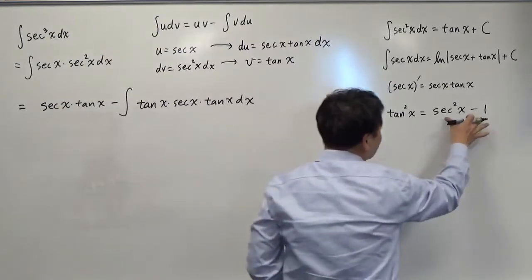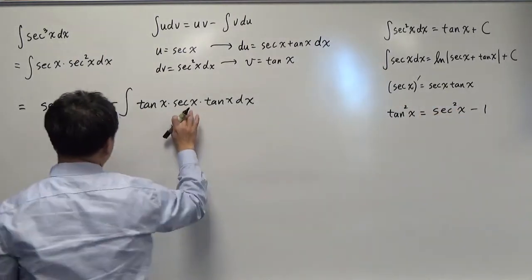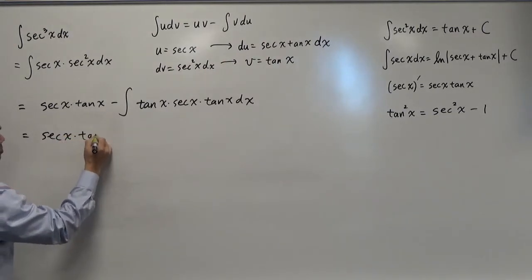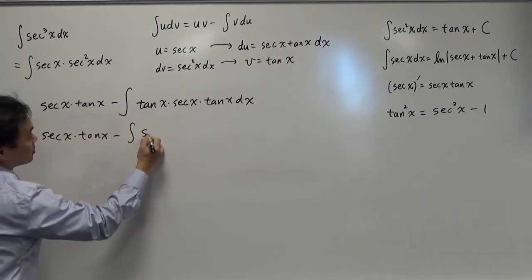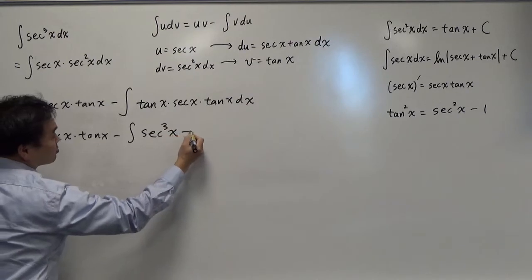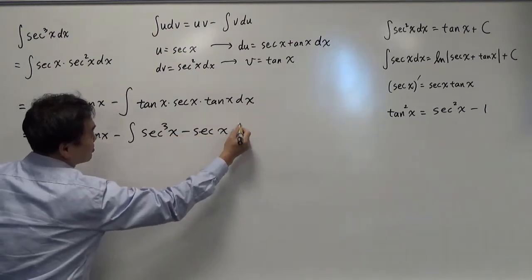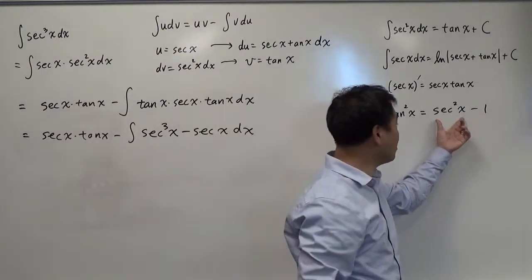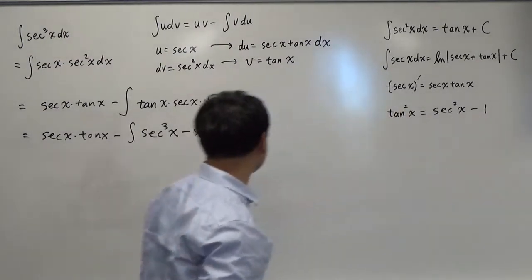And if you multiply secant squared minus 1 to secant x, you end up with secant cubed of x minus secant of x dx. That's because secant x times secant squared is secant cubed, and secant x times 1 is secant x.